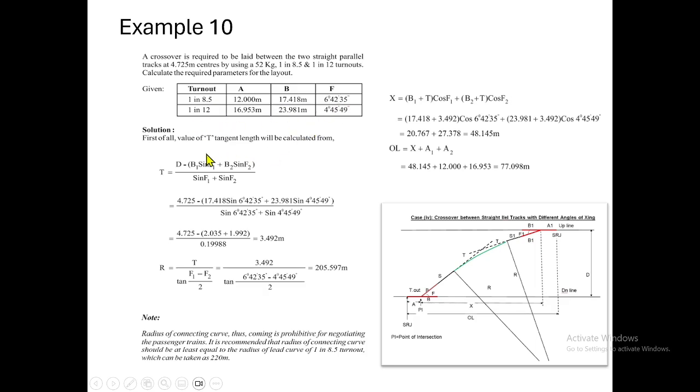Now we assume that there is no S. We take only B plus T. On this side also we don't have any S, because after the heel of the crossing we don't provide any S. So now we are finding out how much radius we can provide for this distance of 4.725.